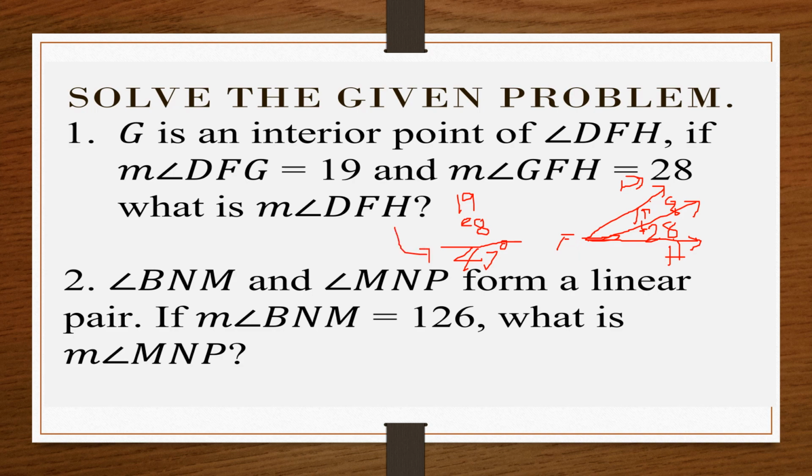Next, for number two, we have angle BNM and angle MNP form a linear pair. So if it's a linear pair, we could say that we got this BNP.